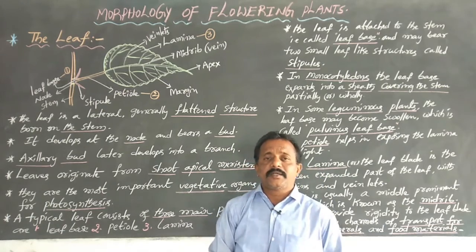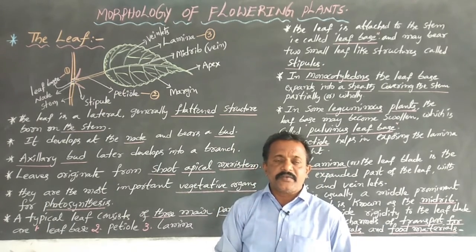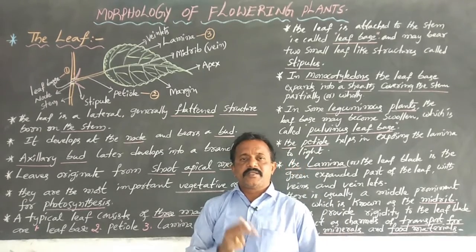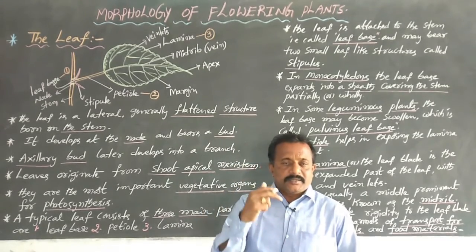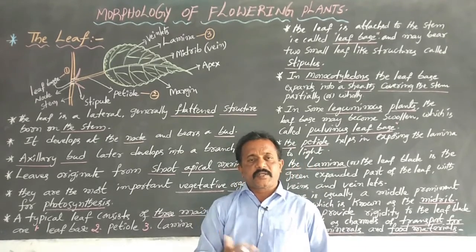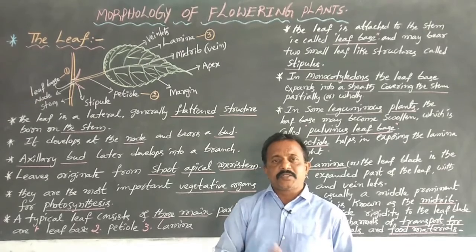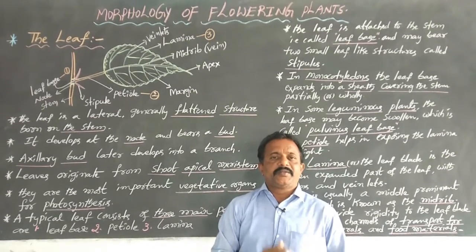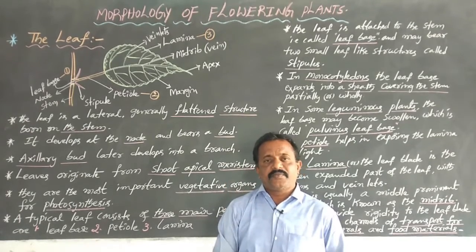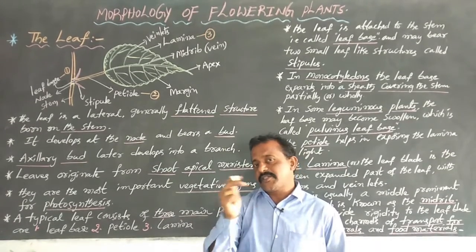The leaf is always green in color. Why? Because the leaf contains chlorophyll pigments, especially chlorophyll A and also chlorophyll B. These chlorophyll pigments are contained in chloroplasts.